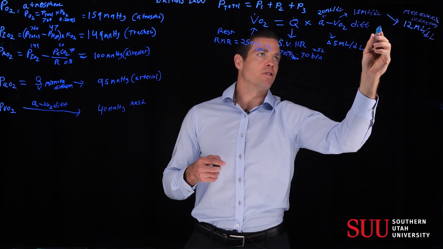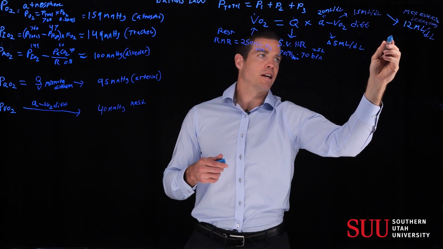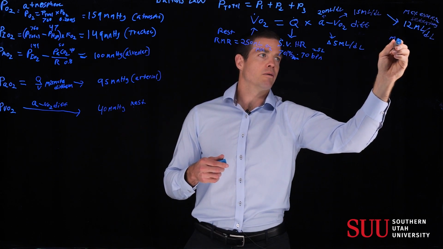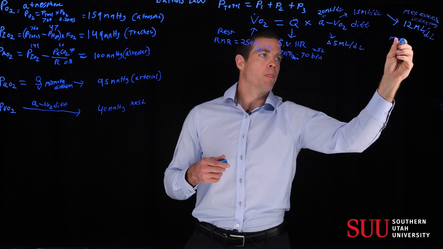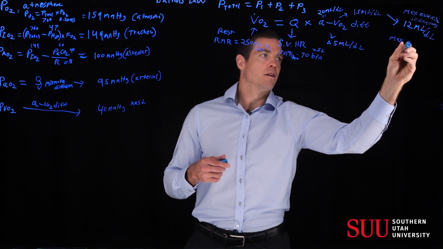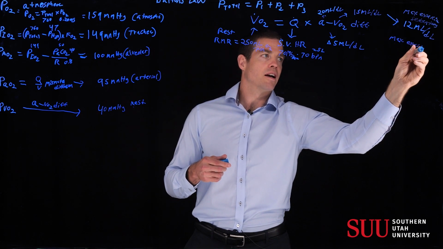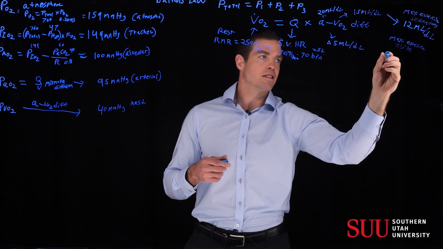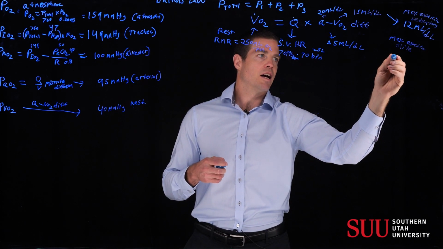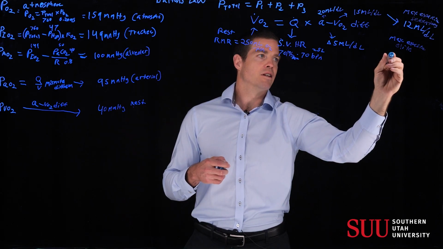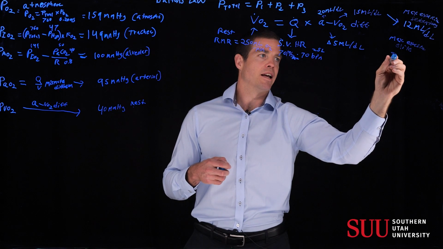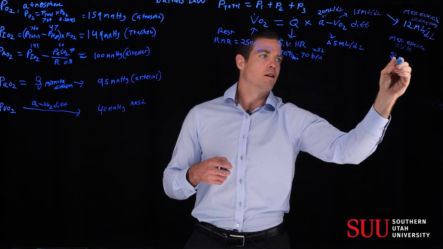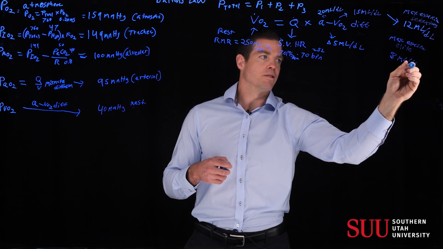Now, if we look at the elite person, okay, so here we have max exercise for the elite. Well, this changes. This can be down to, we can even say, we'll just say 8 milliliters per deciliter.